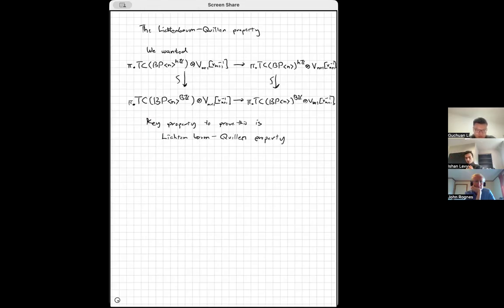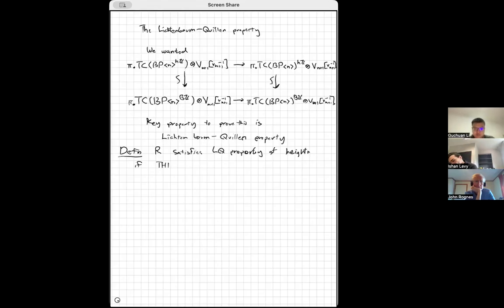So, okay, what is this? Here's a first definition of what it is. You say that R satisfies the Lichtenbaum-Cullen property of height n if the following is true.